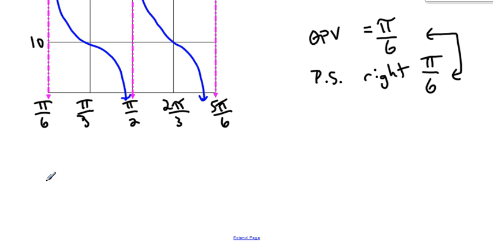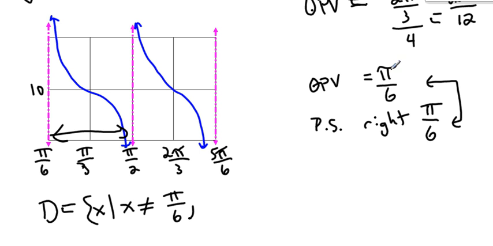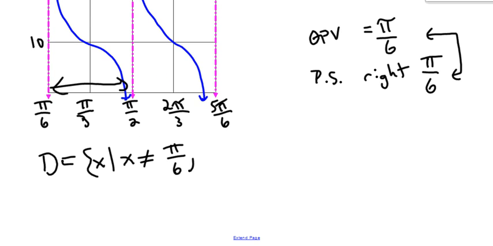And for domain, what would we say? Well, the first asymptote, which is our first restriction, is at pi over 6. And after that, there are asymptotes every half period away. So we can just say every 2 pi over 6 or every pi over 3. Oops, I didn't mean to put a comma there, because I'm not done.